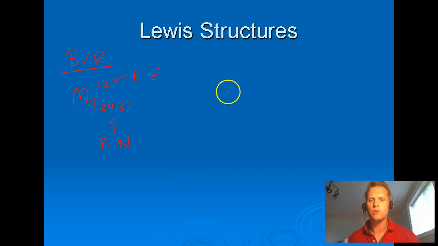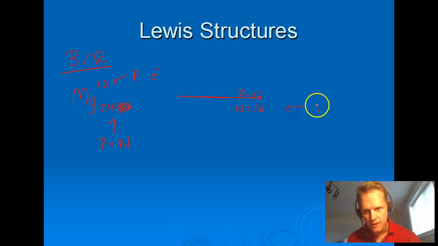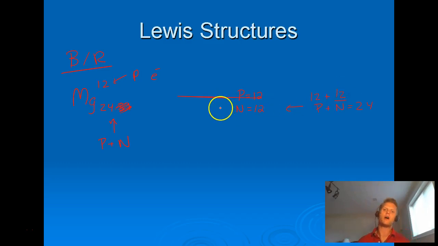So we have 12 protons, and when you subtract, you just round the mass, so it's 24. 24 minus 12 equals 12, because the protons plus the neutrons equals the atomic mass. If we have 12 protons, that means we have 12 neutrons. Now we have to draw the actual electrons around there.